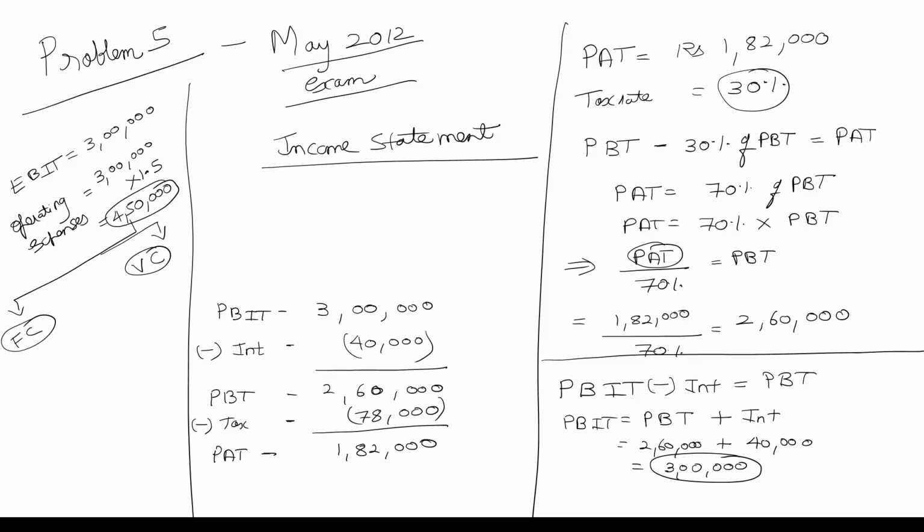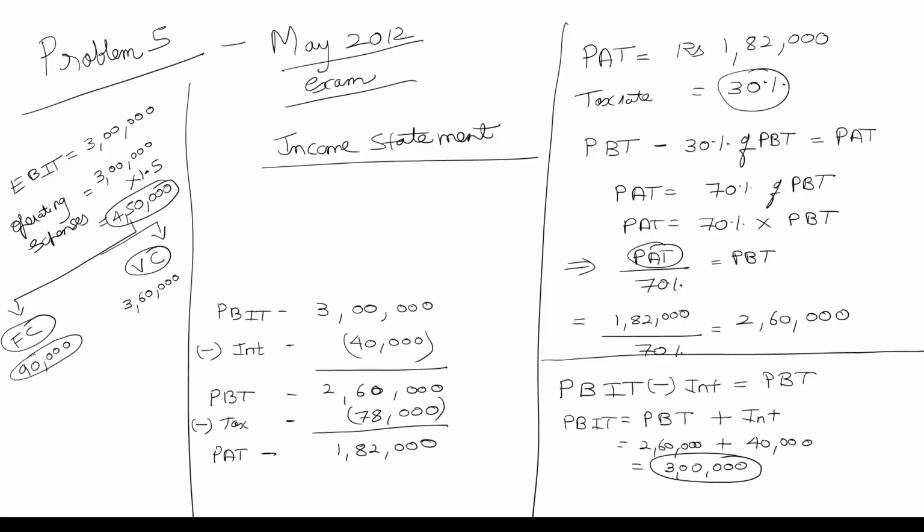So I assume that depreciation is a fixed cost. So let me put here depreciation fixed cost 90,000. That would mean the balance of 3,60,000 is going to be variable cost. Now, this logical question: is this 90,000 the only fixed cost?